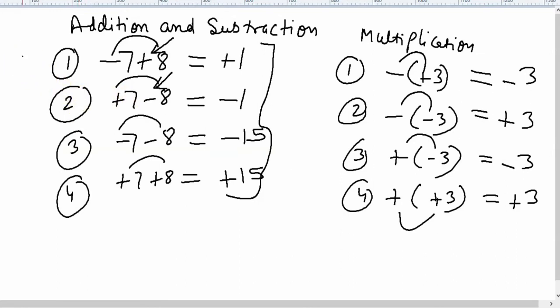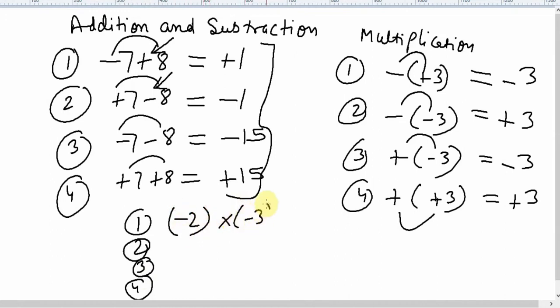When we have two numbers, for example, I will take it here. If you have four possibilities in the case of multiplication, 1, 2, 3 and 4: minus 2 into minus 3, 2 into minus 3, then minus 2 into 3.